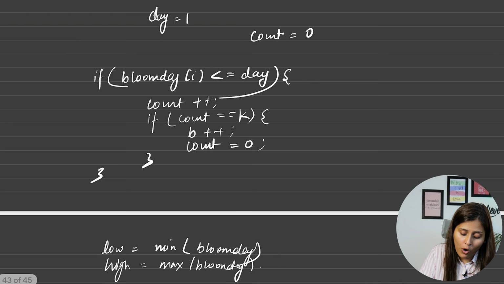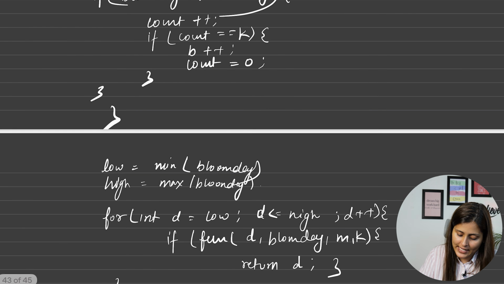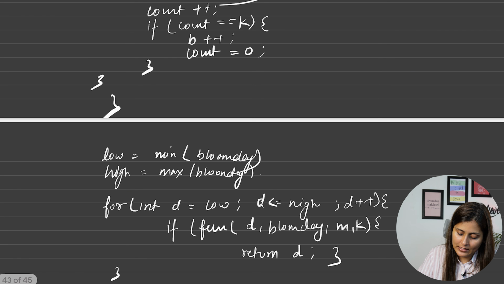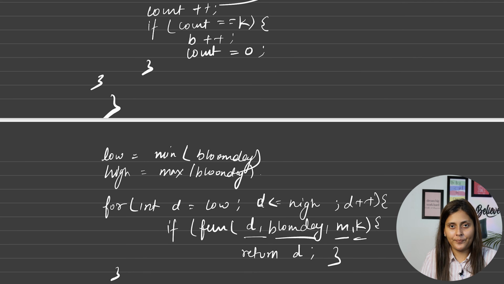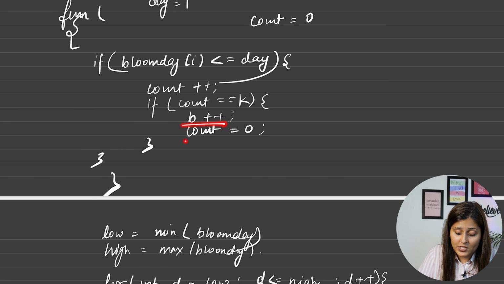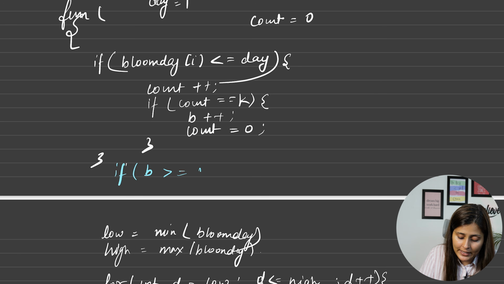And we can put all of this in a function, where we will actually catch this d, whatever we are sending in the parameters: d, bloomDay, m and k. And in this function, was it possible or not? It depends on the bouquet number, correct? So we have to write here that if the number of bouquets we made is greater than or equal to the required m, then we can simply return true.